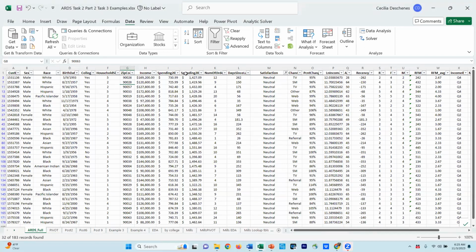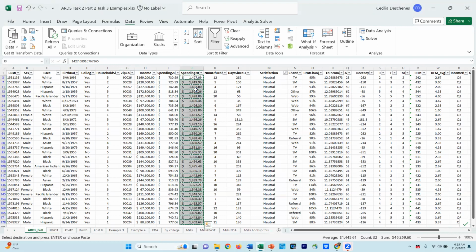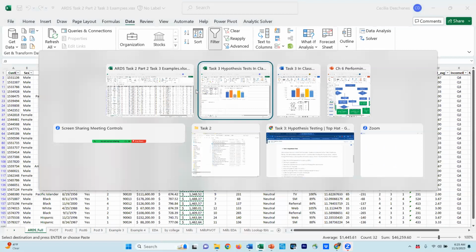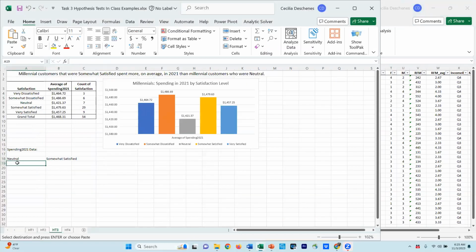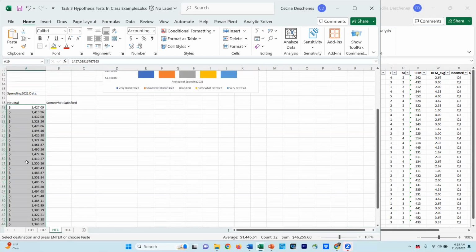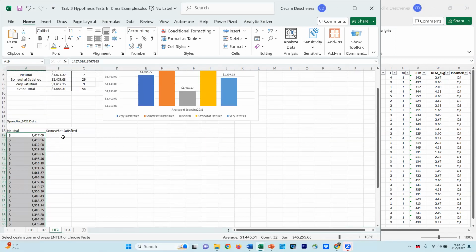Then I'm going to come over to spending 2021. I'm going to go to the first value there, and then I'm going to use shift, on a Windows shift control, on a Mac shift command, and the down arrow key, all 3 at the same time will give me this data. I'm going to copy this data over to neutral. Okay, so I can see that I have that data there.